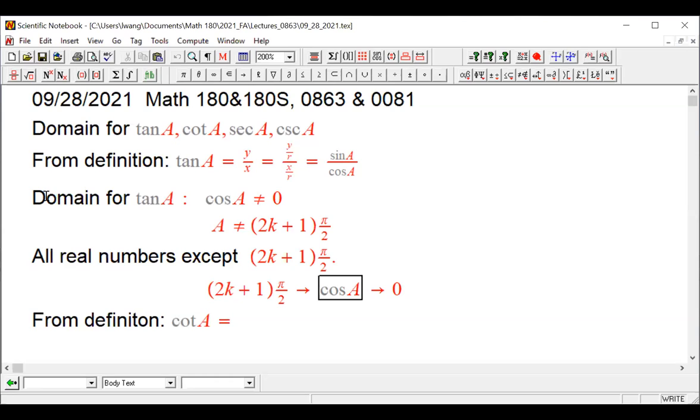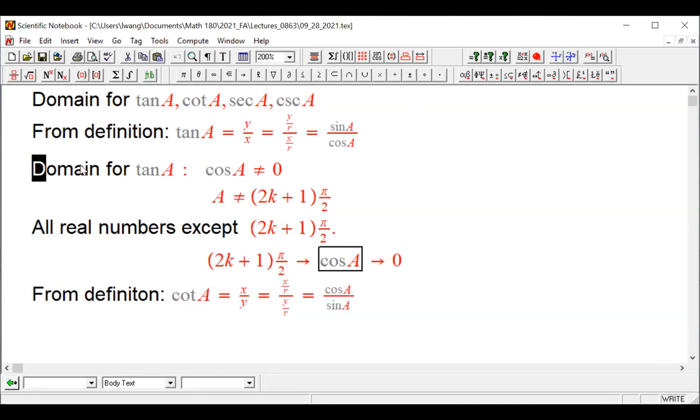Cotangent is x over y, right? Yes, it is also x over r over y over r. Therefore, it is cosine of A divided by sine of A, right?